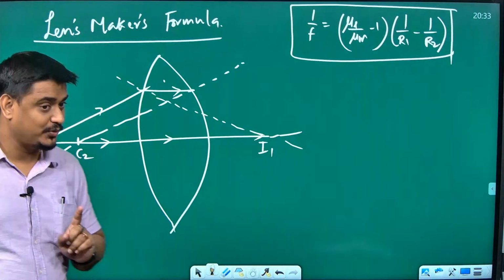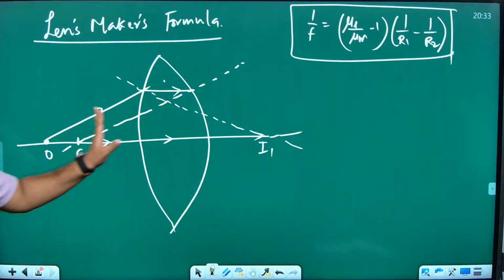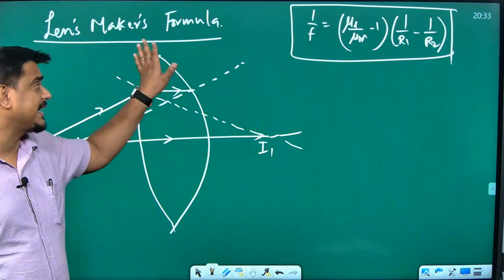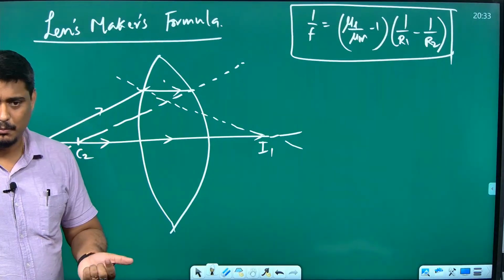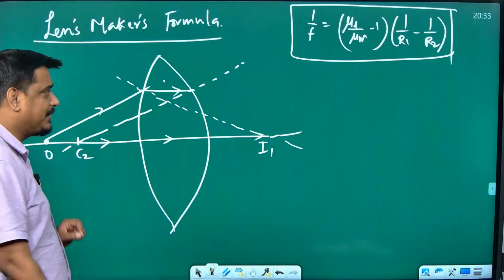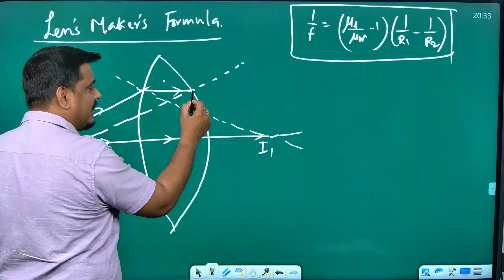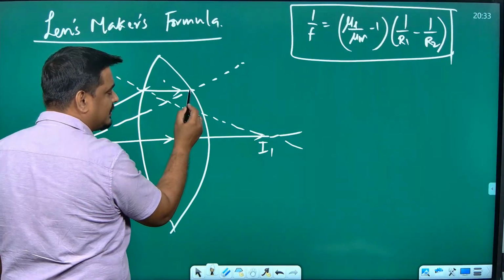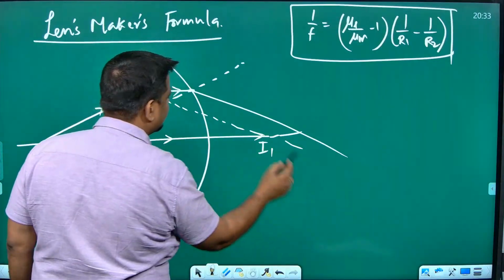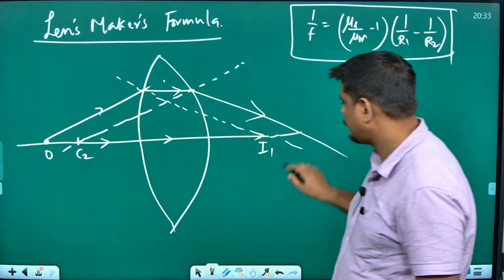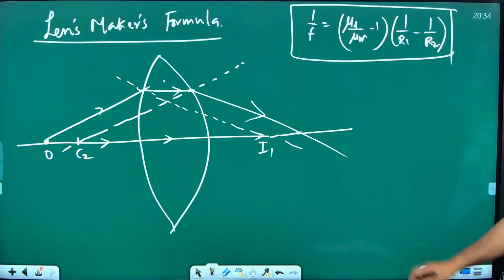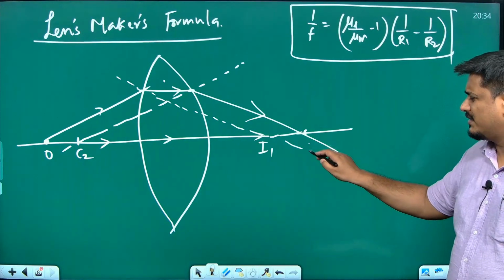I will repeat this for you. Object, and this is the virtual image. It would have formed if the second medium had not been there, but it's there. So now what will happen? It will once again bend, go away from the normal, and hit somewhere like this. So this is the final position I2.